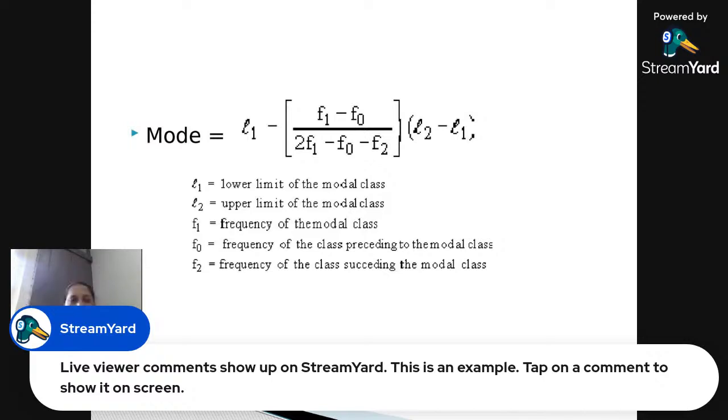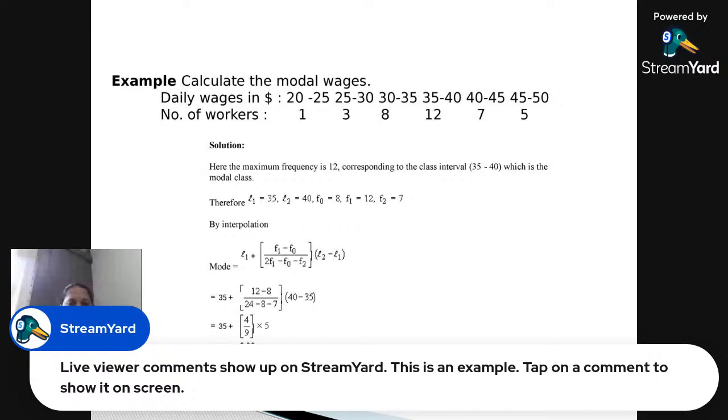Can you hear me properly now? Okay. So note this formula. It is important for you. We can see a problem on this.